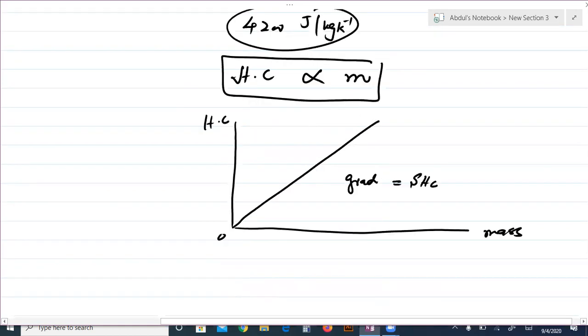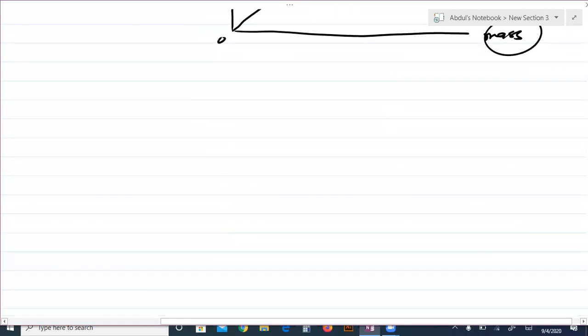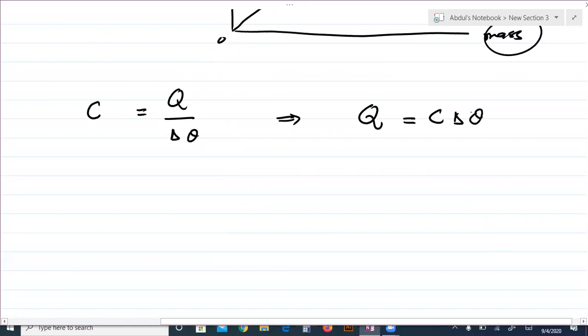When this is constant, then mass and the heat capacity are directly proportional. When a graph is plotted, heat capacity on the y-axis, mass on the x-axis, then it is a straight line passing through the origin, so the gradient is specific heat capacity. Now, the first formula, heat capacity, can be written as Q divided by delta theta, but for the numerical we will write it in this form: Q is equal to C delta theta.